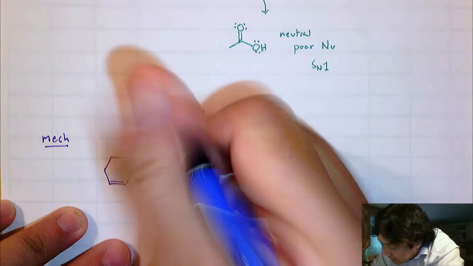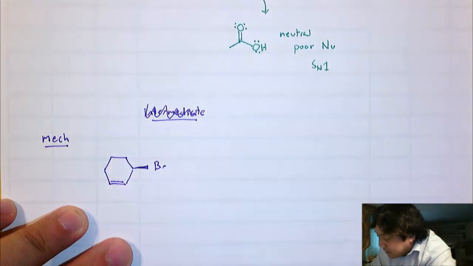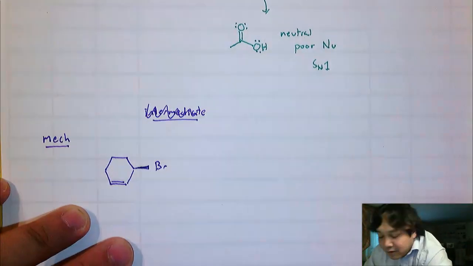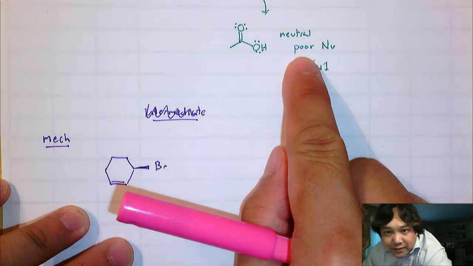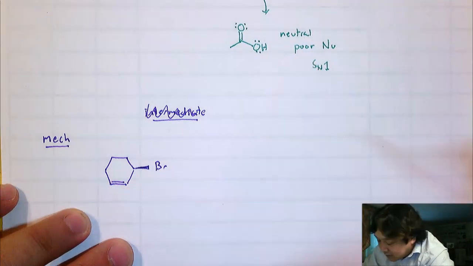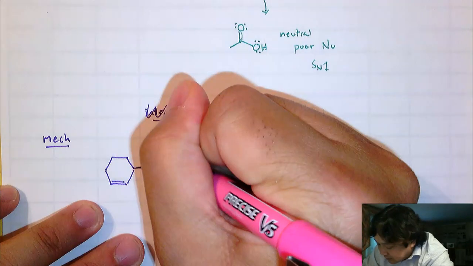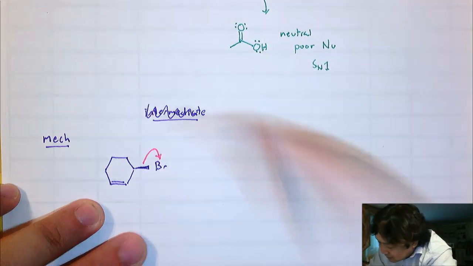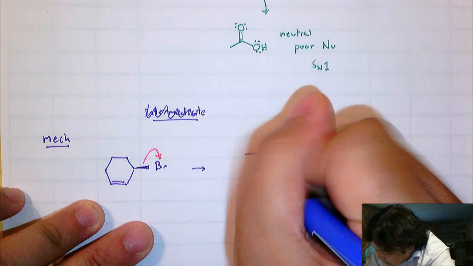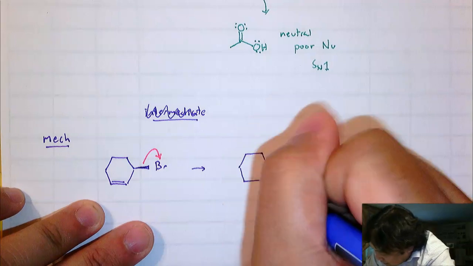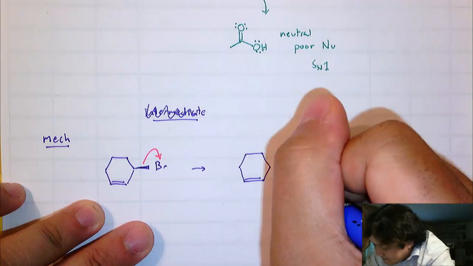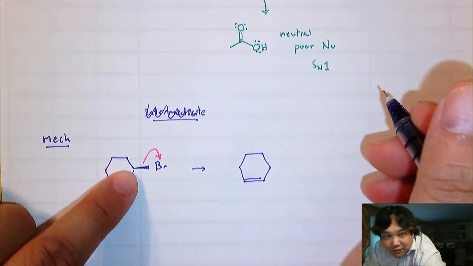See, there is stereochemistry at the beginning. But remember, the orange cat is just going to wait because it's a poor nucleophile. It's going to wait until the black cat leaves. What do I get? See, there's a hydrogen there, right?